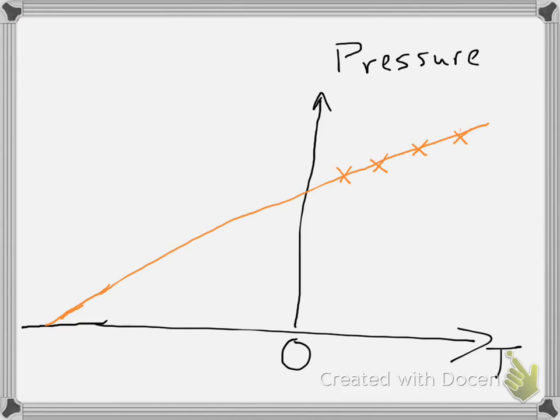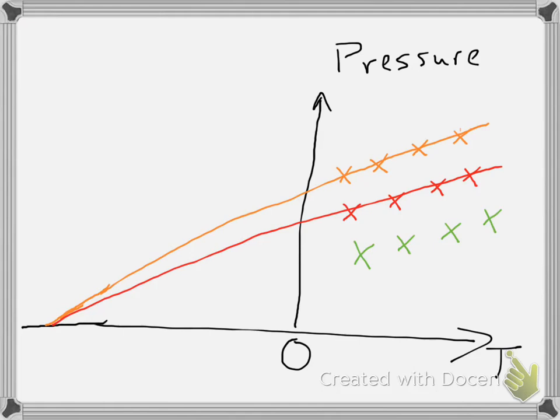Then if I have another gas and I look at its pressure and temperature as I vary the temperature, its graph would look something like this, but it would essentially come down to the same point. And then one final gas might look something like this.